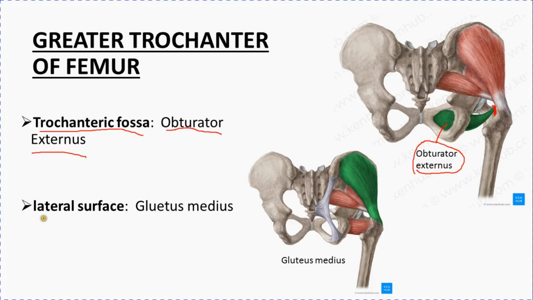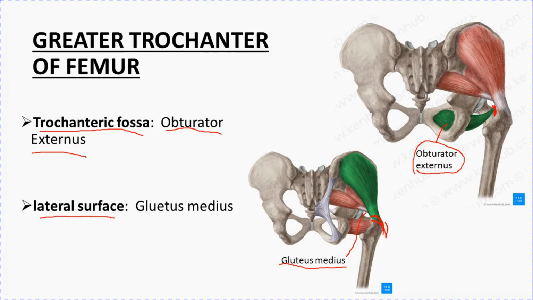The lateral surface of the greater trochanter of femur gives attachment to the gluteus medius muscle. Now look over here. This green colored muscle is gluteus medius and it is attached on the lateral surface of the greater trochanter of femur. So before we move forward, we will take a quick review.